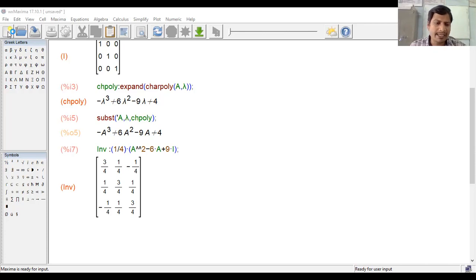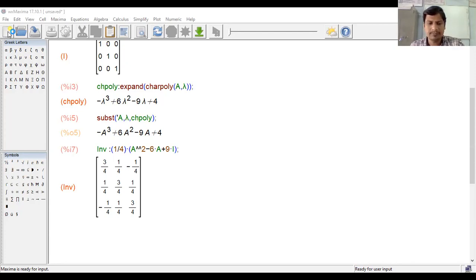See here, I made some mistake. Which mistake? See here, this is the A. First you remember this one. This is important. You take A of, then comma, then lambda, then characteristic polynomial. Okay.